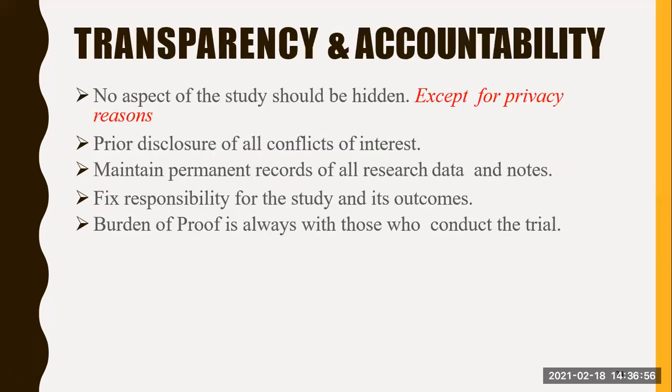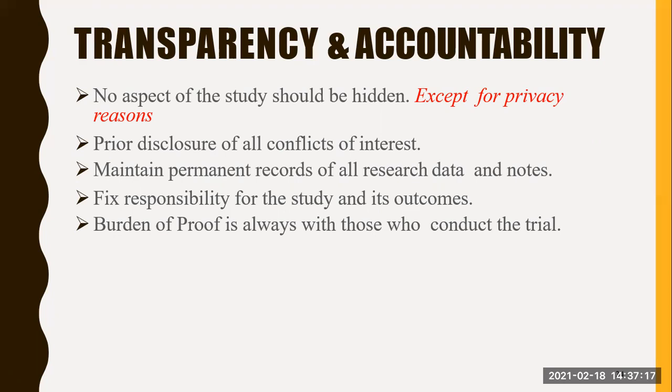So next is transparency and accountability. No aspect of the study should be hidden except for privacy reasons. Okay, so except for the personal information of the patients who are involved in the clinical trial study, no aspect of the study should be hidden.